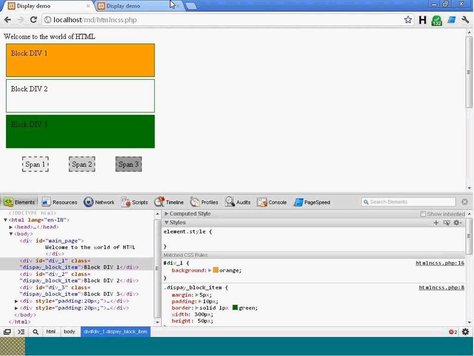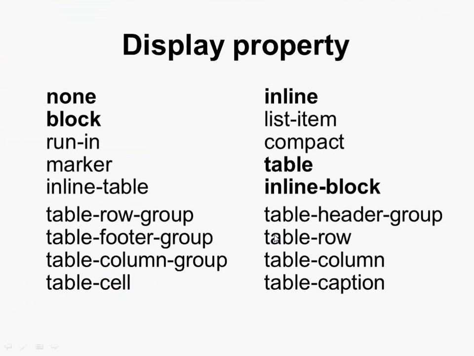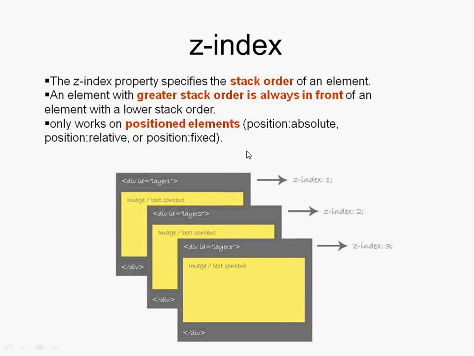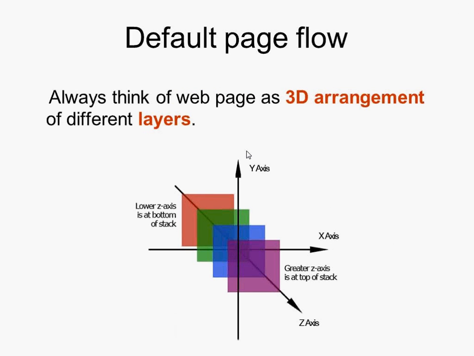So space, as Parth showed, is the 3D arrangement. Yes, I have one slide. Let me quickly go to the slide to explain this. A web page is not a two-dimensional arrangement.